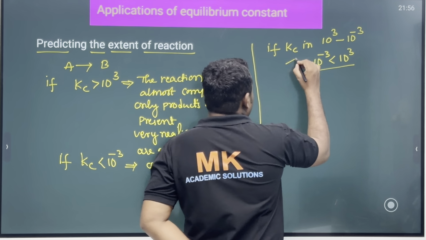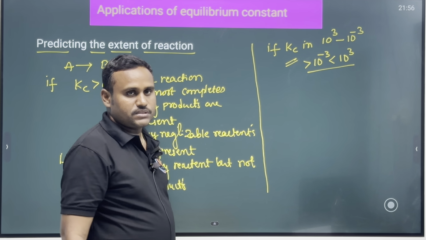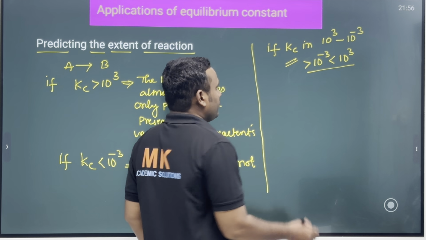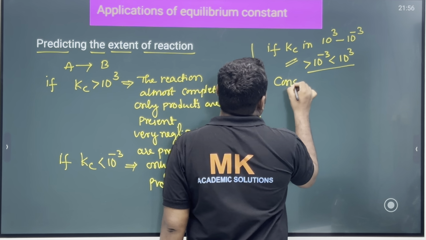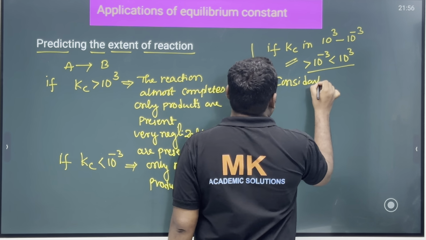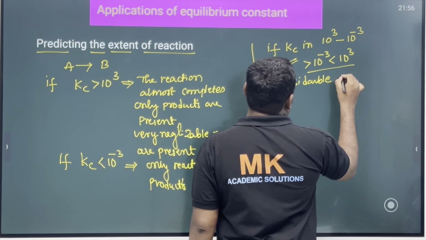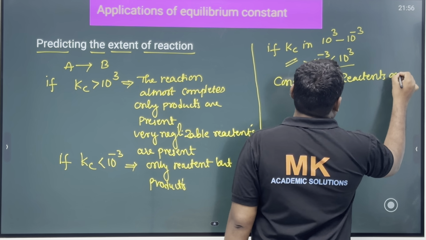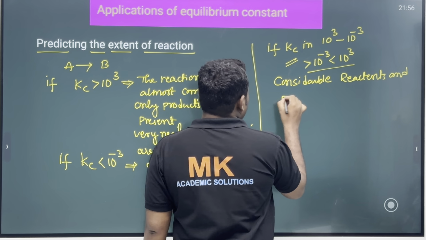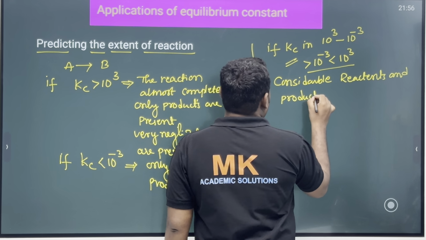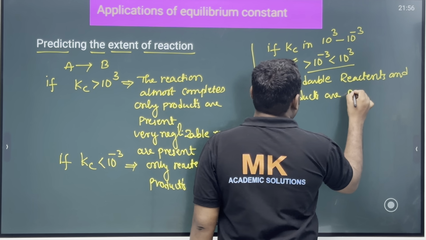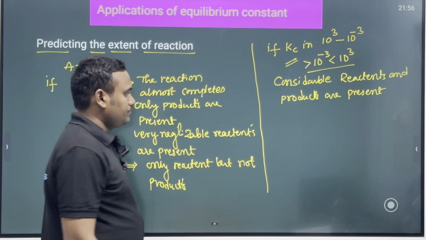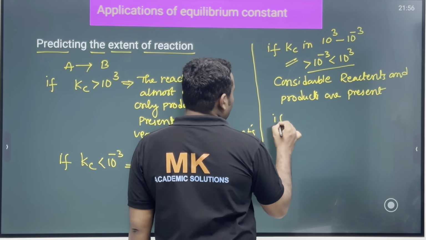So if the Kc value is in the middle range, it means considerable reactants and products are present in the equilibrium.